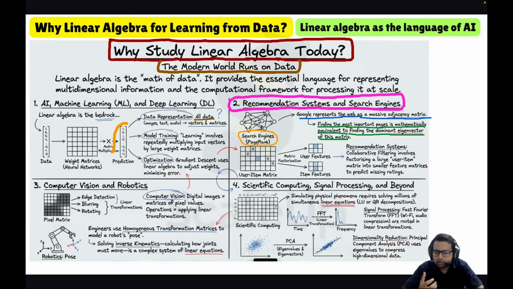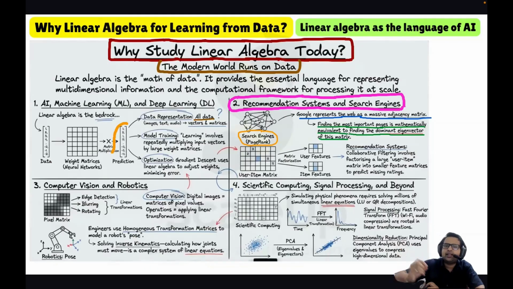So if we are talking about the page rank algorithm of Google search, it makes use of the adjacency matrix to represent the web pages. The entries of the adjacency matrix are the links.